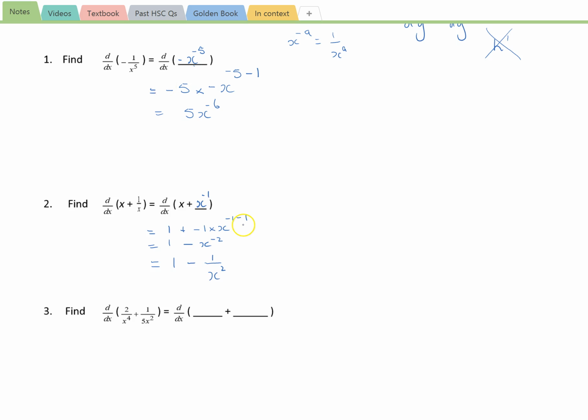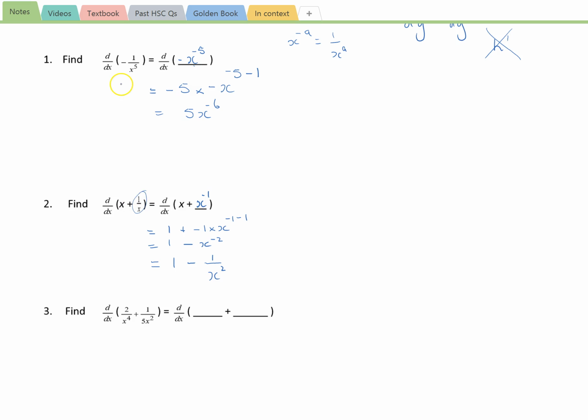You're certainly going to get plenty of practice with your indices in this exercise. Have a look. Find d dx, so you're being instructed to find the derivative with respect to x of x plus 1 on x. So there's no problem with that x there, but there is a problem with 1 on x. Now, I need to rewrite just that section.